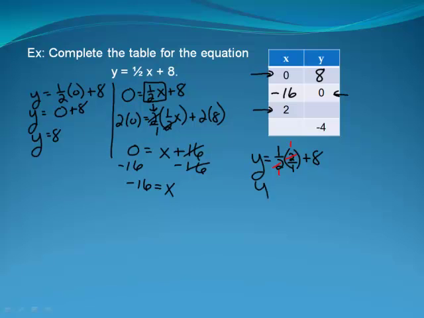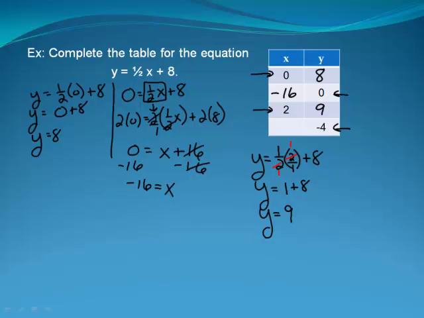So now we have y equals, all of those are 1s, so 1 times 1 is 1, 1 divided by 1 is 1, so that's all 1, plus 8, and 1 plus 8 is, of course, 9. So when x is 2, y ends up being 9 for this particular equation. And we have one more.